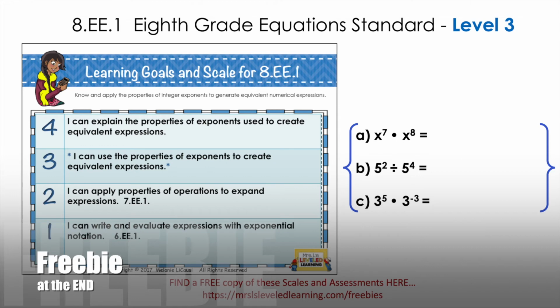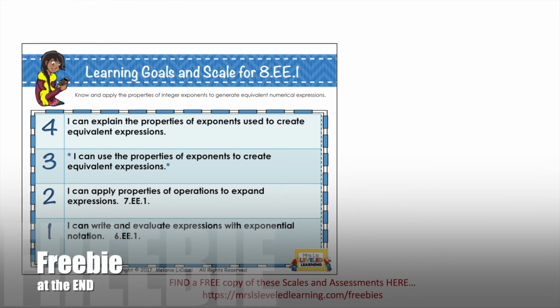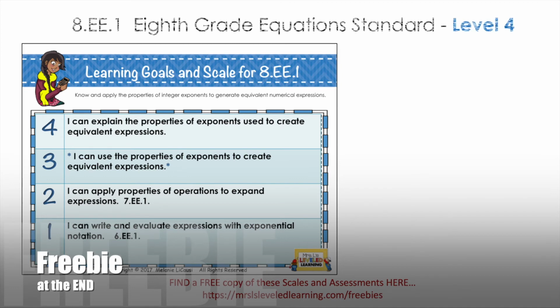Now, I don't have an example here of dividing with a negative exponent, but that is something else you could throw in the mix. See if your students have mastered this level. If they're able to do every combination of problems with positive and negative exponents, then your students have really mastered the grade level standard, and you can be confident that they're ready to move on to a challenge.